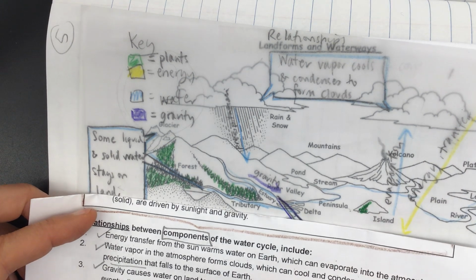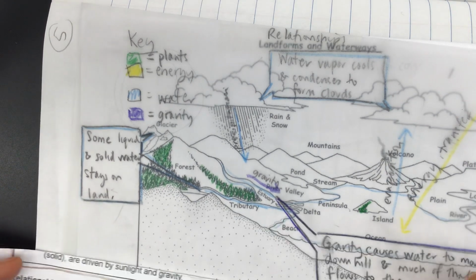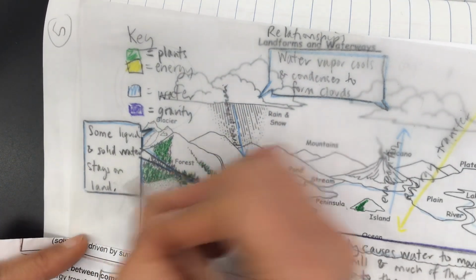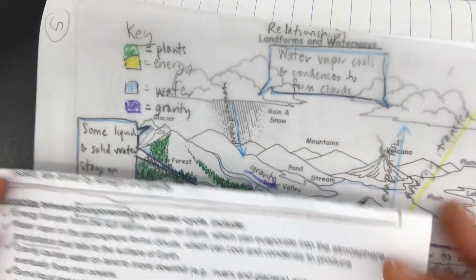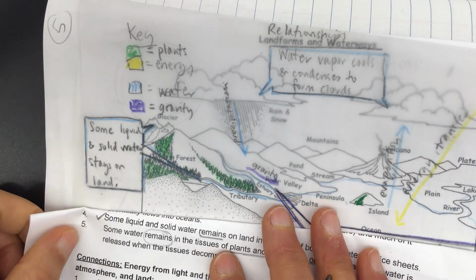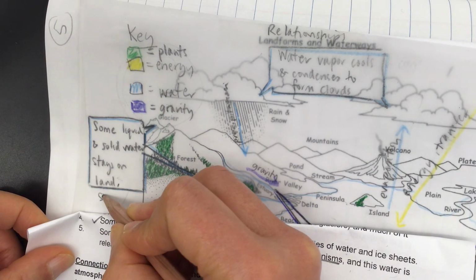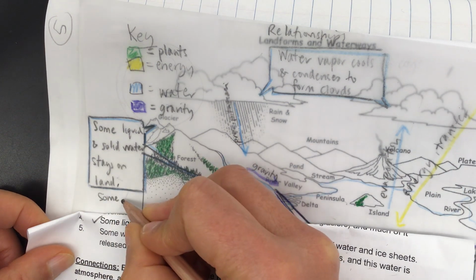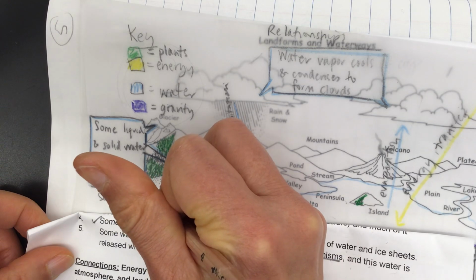Okay, so let's now kind of put it together. Some water remains in the tissue of plants and other living organisms. So I could put that down here. And I'm looking at number 5, and then I'm kind of writing about it. So some water remains.